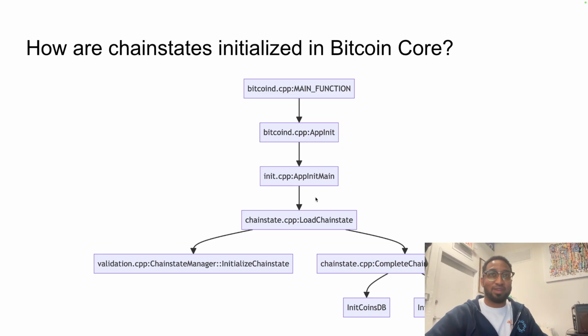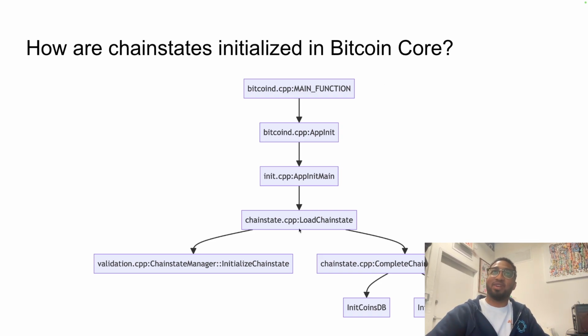So AppInitMain goes to LoadChainState. In LoadChainState, first you go to InitializeChainState, and then you eventually go to CompleteChainstateInitialization. And then these initialize your coins DB, which reads the UTXO set database from file, and you also initialize your coins cache, which is the in-memory UTXO set.